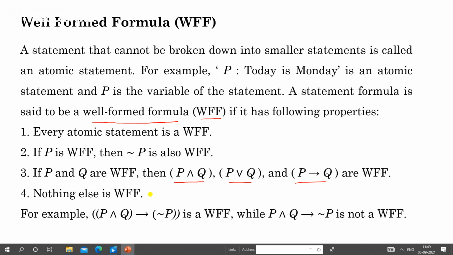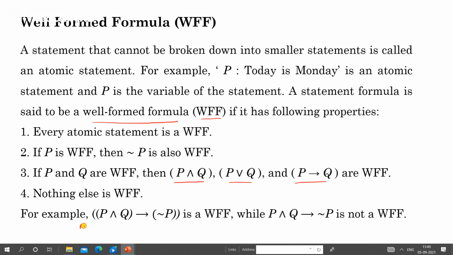Now, for example, look at this. If you see this formula, this is a well-formed formula. Why is it a well-formed formula? Because from this formula, you can easily check that first you have to find the negation of P, because this is inside this bracket.